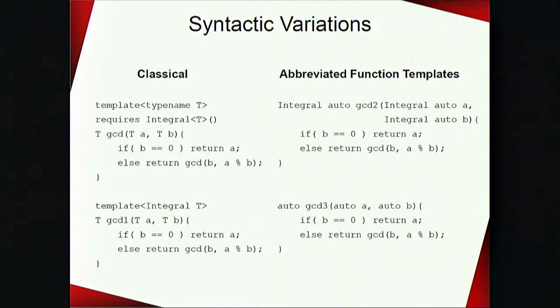This is the so-called abbreviated function templates syntax. This is part of C++20. I use as arguments not a concrete type, not auto, I use just a concept. And that is a function template which requires that the arguments are integral, as you can read it.